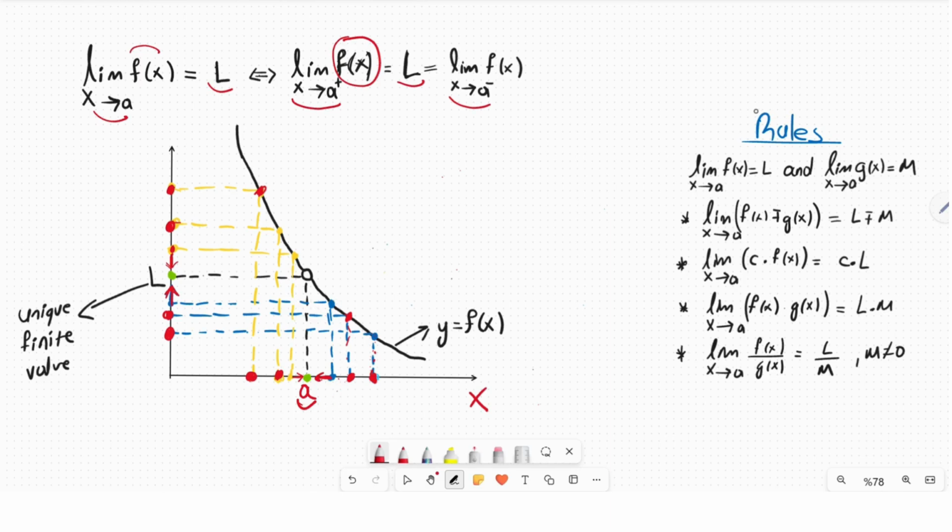Let's talk about rules of this limit concept. If you are given two functions having limit at the point A, the first one has limit value L and second function has limit value M. In that case, we can distribute limit process to addition of these functions.